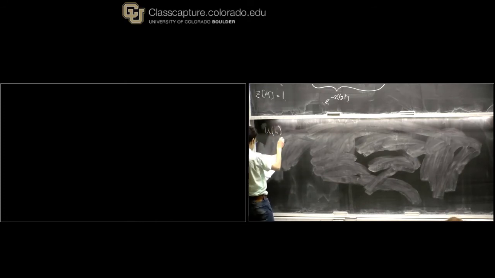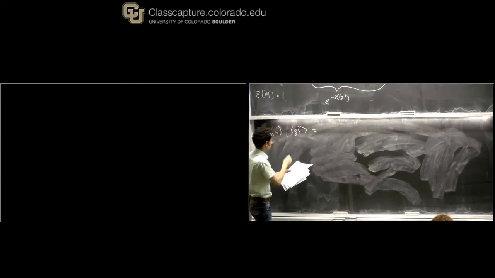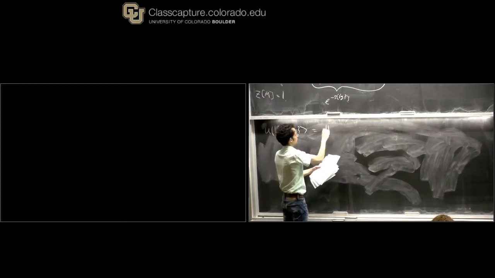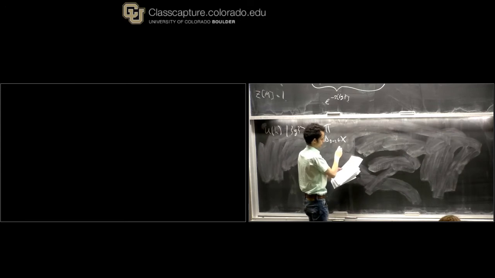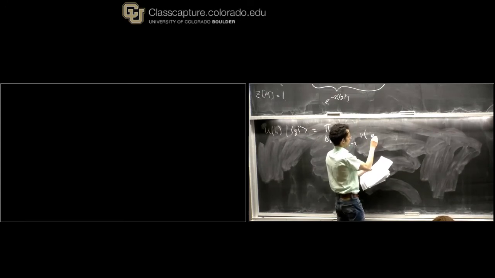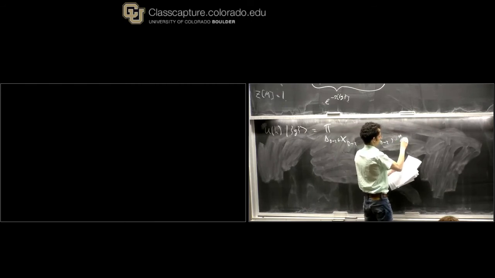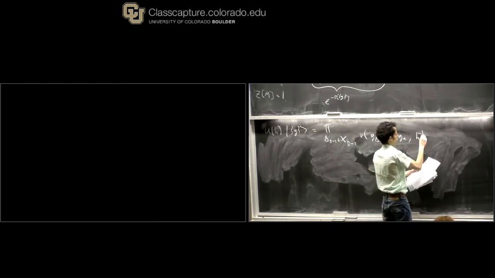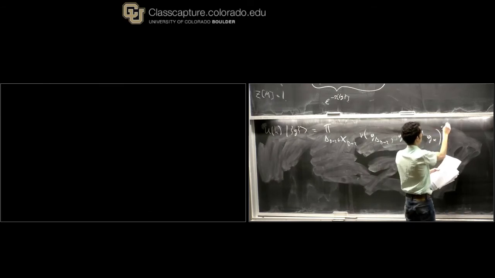U of H on G. So everything here is on the boundary. So product over delta D minus 2 in X D minus 2 nu of G D minus 2 G star H inverse G star.